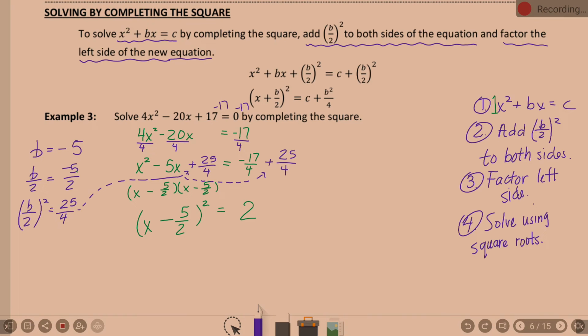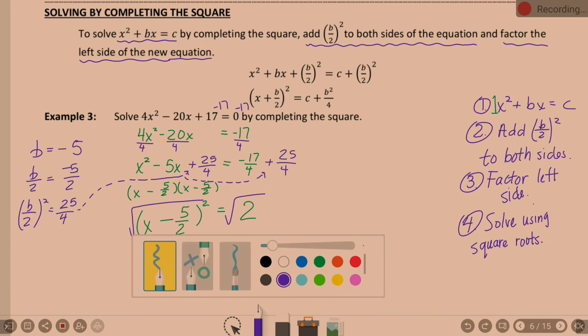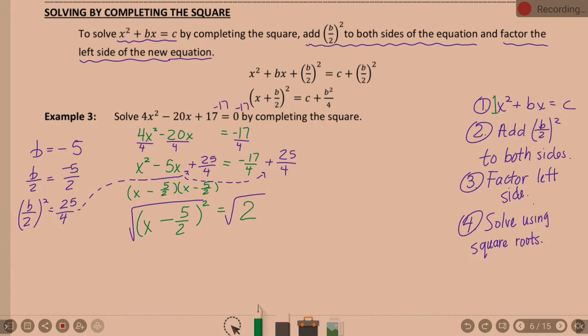So now what I do to the left, I do to the right. What is the square root of x minus 5 halves quantity squared? X minus 5 halves. What is the square root of 2? Plus or minus the square root of 2.